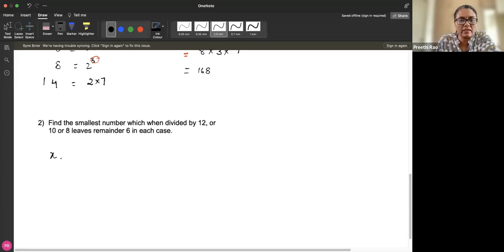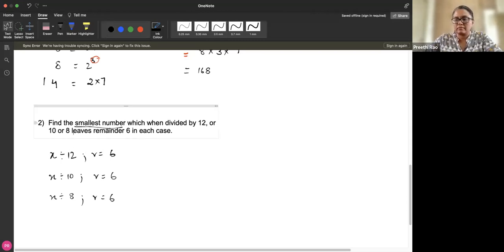When I divide that number by 12, I get a remainder of 6. The same number, when I divide it by 10 also, I get a remainder of 6. I divide it by 8, still the remainder is 6. And they want the smallest number.